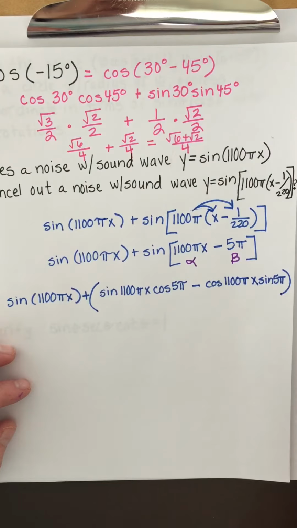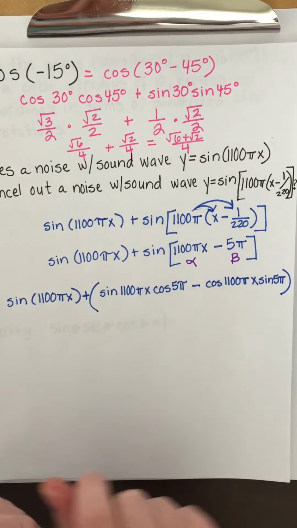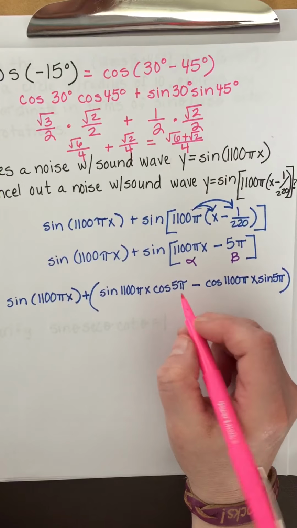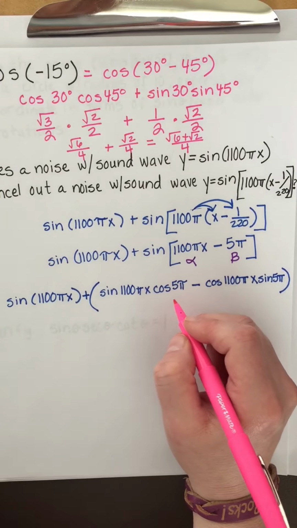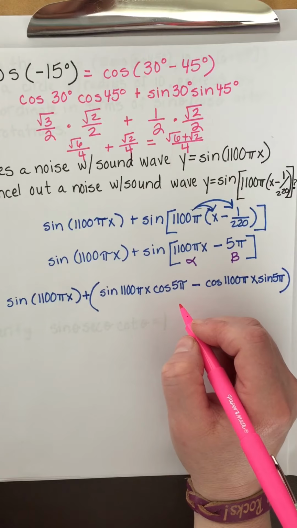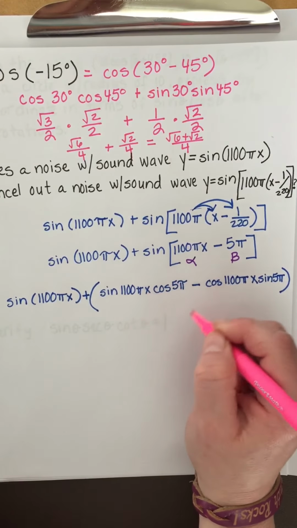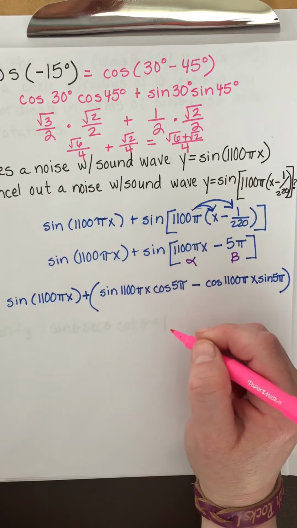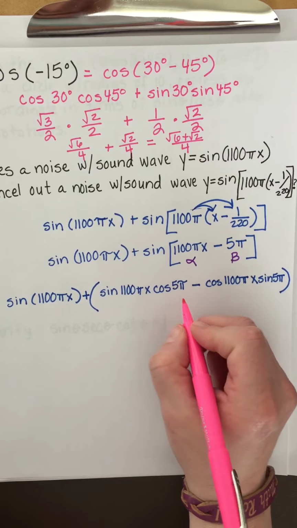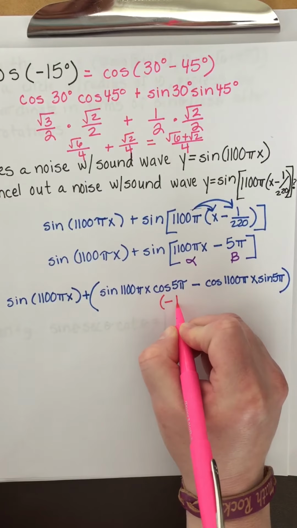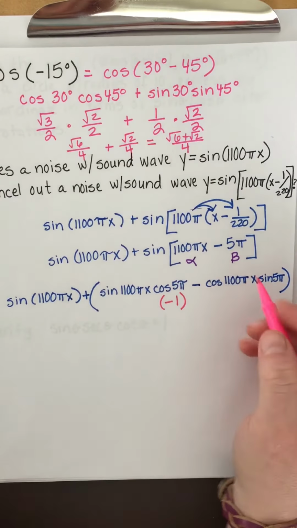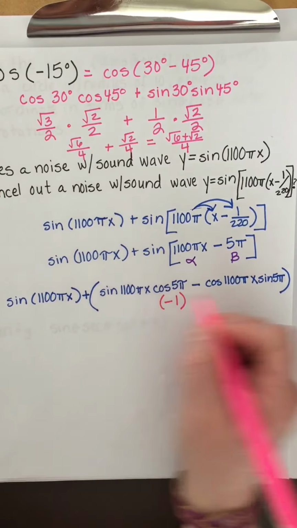Okay, well, we can plug in values for some of this. So the cosine of 5 pi. Now, you can either use the periods of cosine, or if you want to, you can go around 5 pi around the circle. And the cosine of 5 pi would be -1. And this would stay the same.